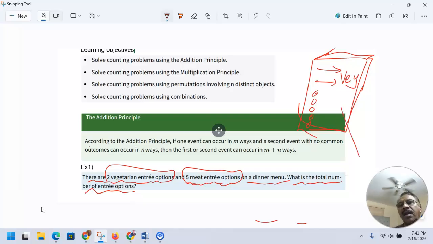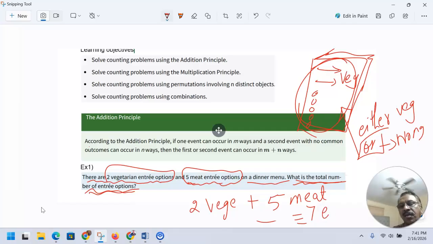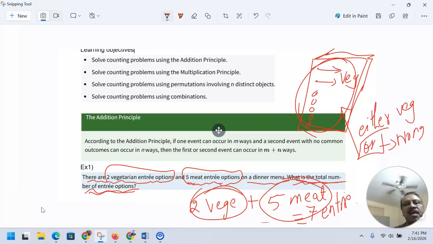So you may select either a vegetarian entree or a non-vegetarian entree. The total number of entrees is two vegetarian plus five meat, so the total will be seven entrees. That's what the addition principle means.